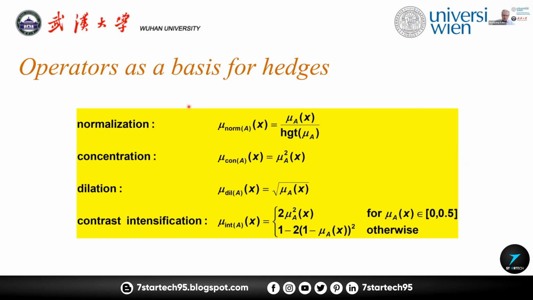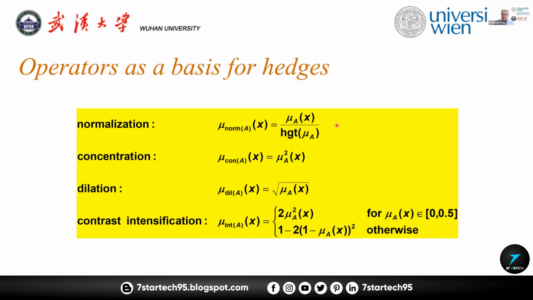So what is normalization? Normalization means you divide every membership value by the height of the fuzzy set. You might recall that last time when we were talking about operators on fuzzy sets, we said there is one operator which is called the height of a fuzzy set.